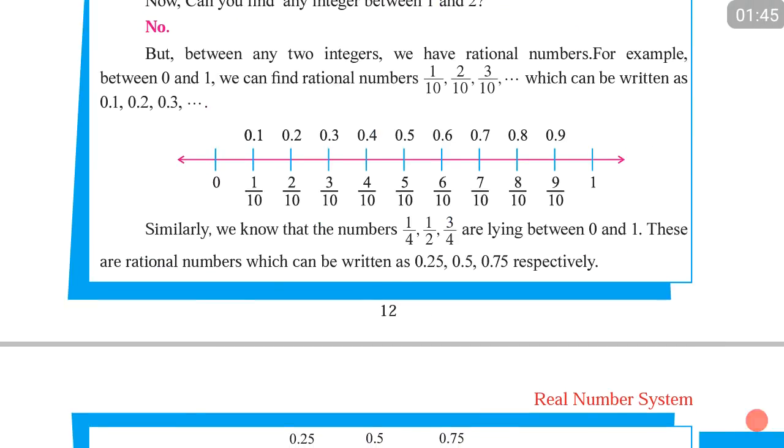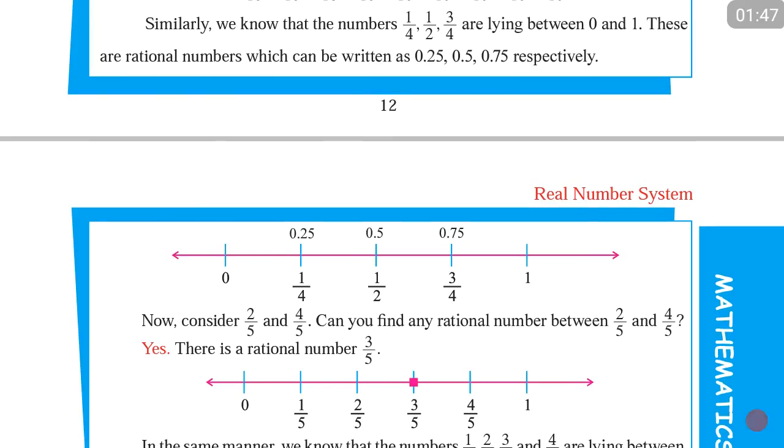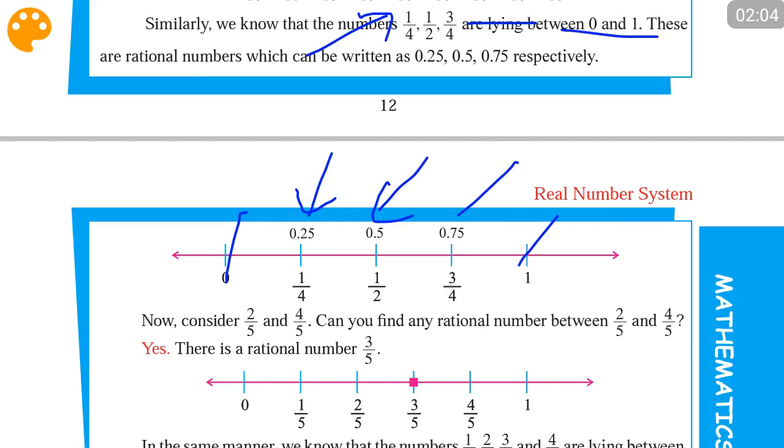In the same way, we also know that 1 by 4, 1 by 2, 3 by 4 are also lying between 0 and 1. You can see between 0 and 1 we have a quarter, 1 by 4, we have half, 1 by 2, we have 0.75, 3 by 4, right?